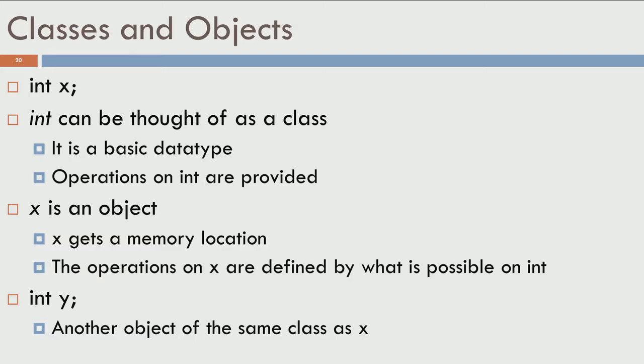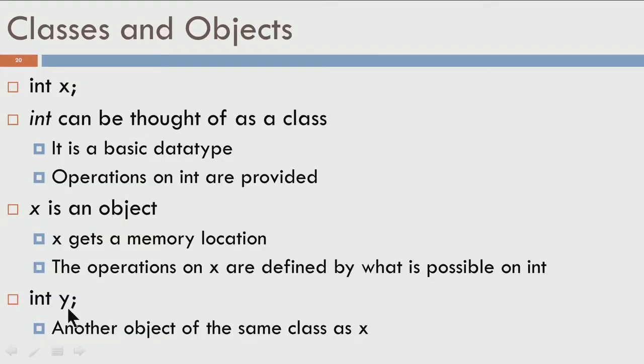So, x is an object of the type integer. The class name is int and the object name is x. I can have more objects of the same type. For example, when I say int y, y is another object of the same type, integer. At some level you can think of types as classes and actual variables as objects.